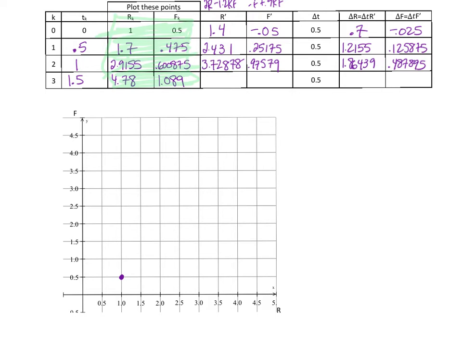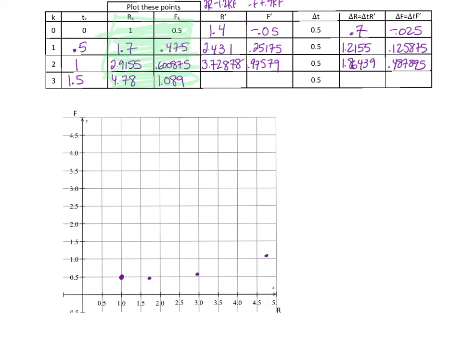And then 1.7, 0.475, something like that. And then 2.9 and 0.6, something like that. And then 4.78 and 1.089 is something like that. So there are my 4 points, one of them a given initial condition.